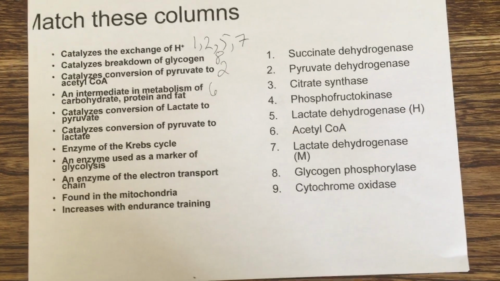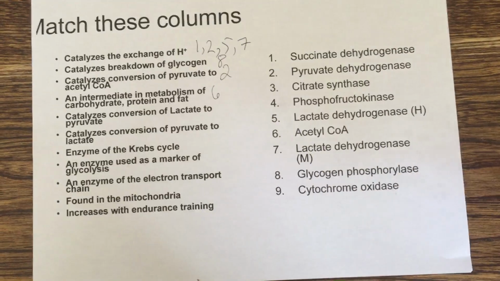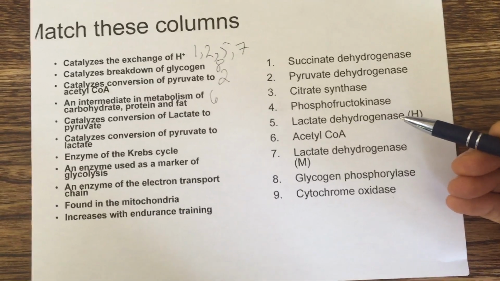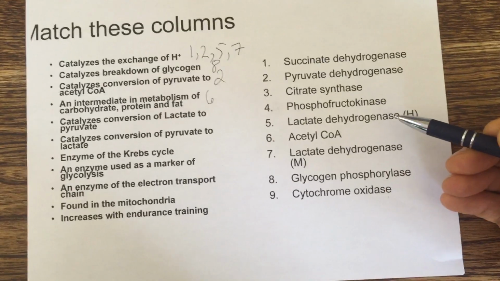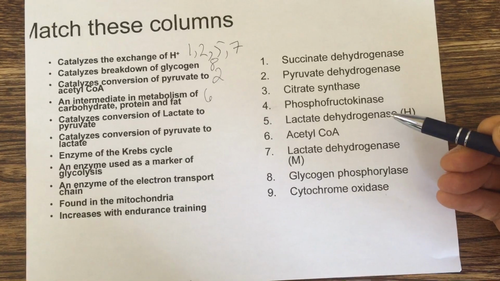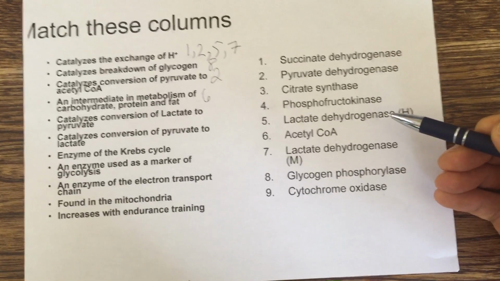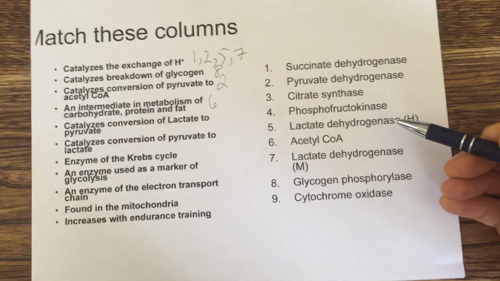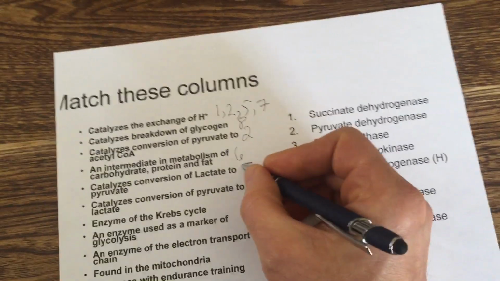This is a mitochondrial enzyme. It is your lactate dehydrogenase H. So it takes the lactate from the cytoplasm and transports it into the mitochondria and gets that lactate converted to pyruvate, and then it can eventually enter the Krebs cycle. So your correct answer for this one is number 5.